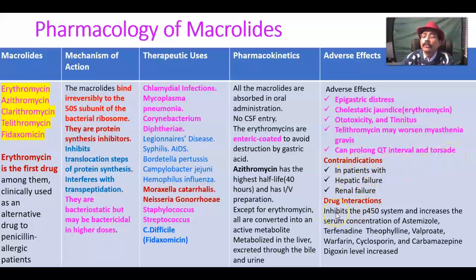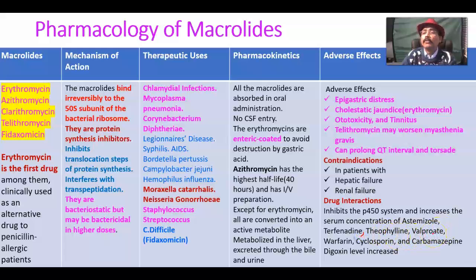Drug interactions: macrolides inhibit the hepatic P450 system, so metabolism may be inhibited. There will be an increase in the serum concentration of astemizole, an antihistamine withdrawn from the market because it may cause cardiotoxicity. Theophylline is a medication used in bronchial asthma.